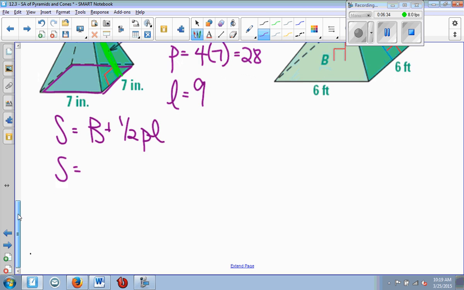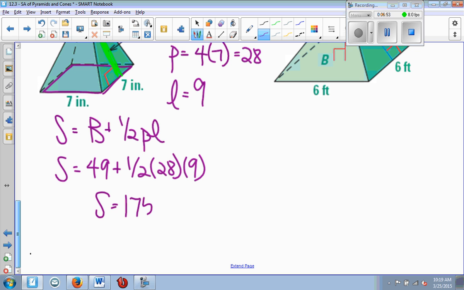So the big B we got is 49 plus 1/2 times 28 times a slant height of 9. Plugging that all in my calculator, I get a surface area of 175. And this would be in inches squared because we're finding an area.